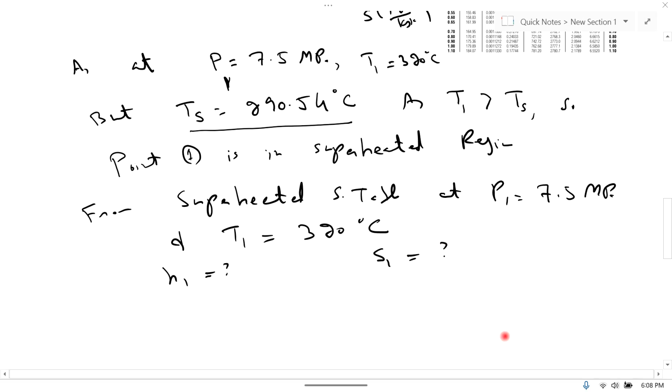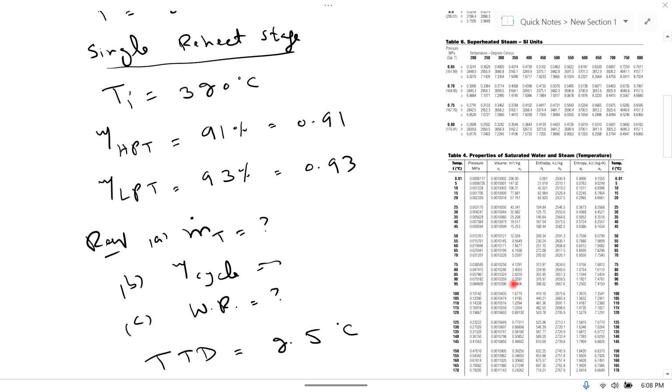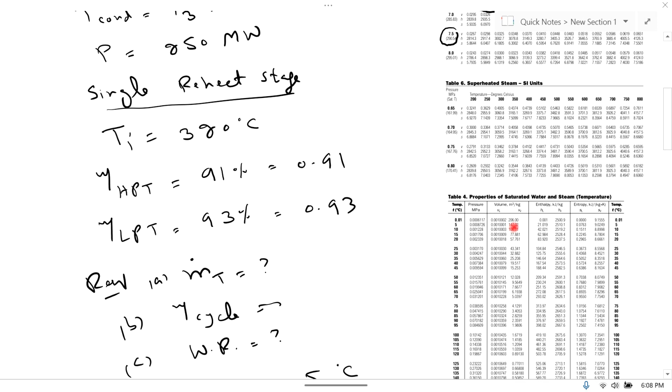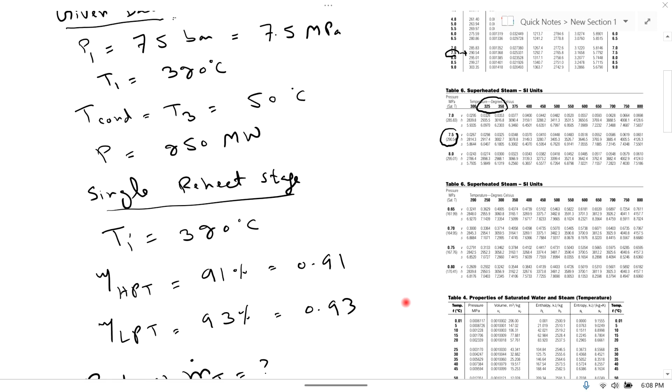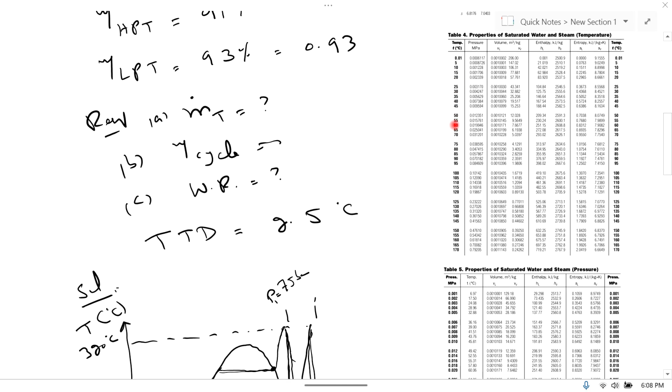If we check the superheated steam table, this is 7.5 megapascal, and at 7.5 megapascal we have 325 degrees centigrade and 350. So to find H and S we will interpolate between 325 degrees centigrade and 350 degrees centigrade.